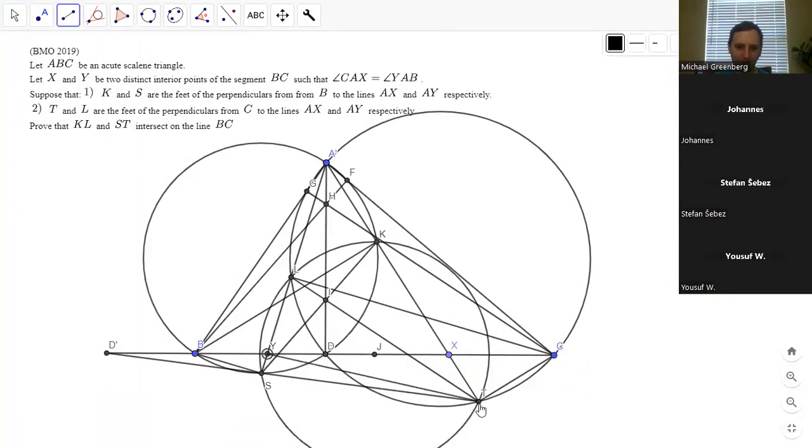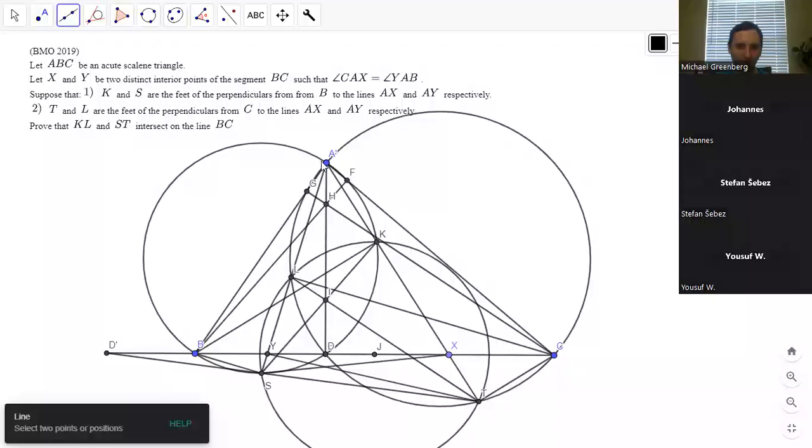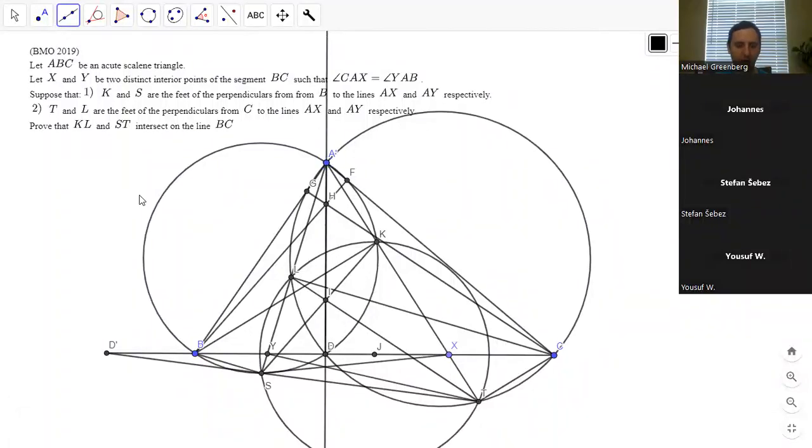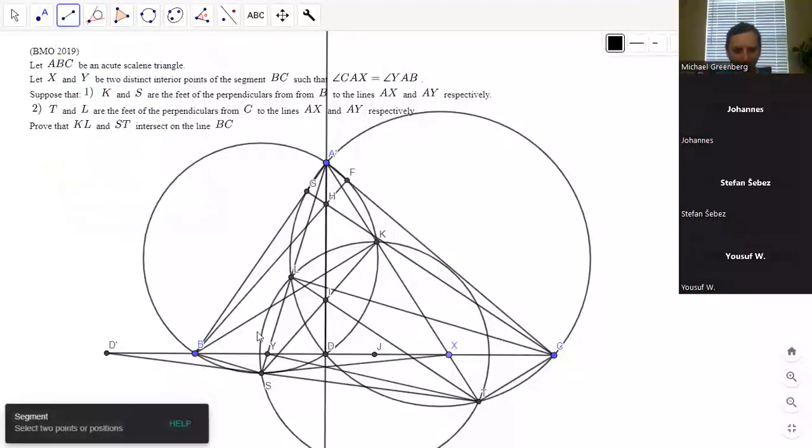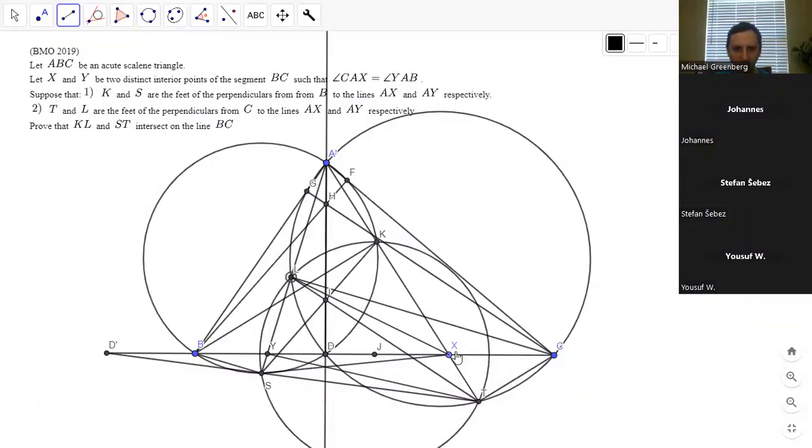Like, I wonder if ST and SX meet on AB. It looks like it. Yeah, so if we could show ST and SX meet on AB, and then we could show that, what is it? LX and KY meet on AB. I think it would be, oh, like, that's just the same statement, isn't it? Oh, by symmetry, yeah.